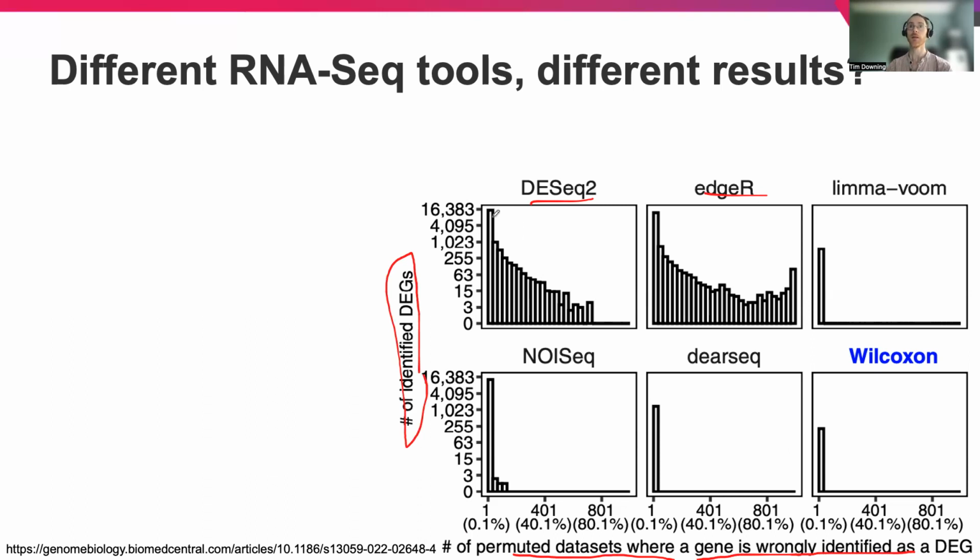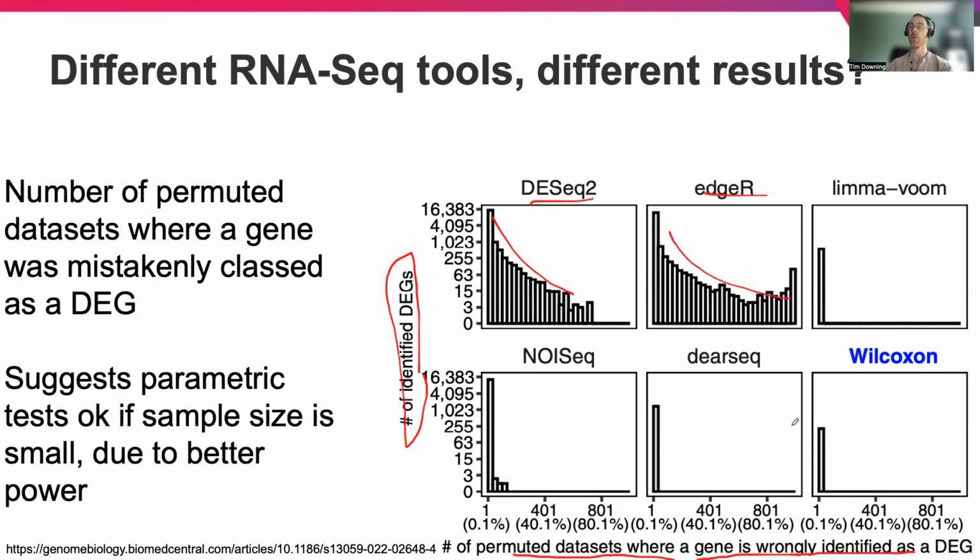You can see that DESeq2 and edgeR find very high rates of false positive values, whereas limma, voom, NOISeq, dearseq, Wilcoxon, and t-test all find far lower rates of false positives, and that's really important to take on board.